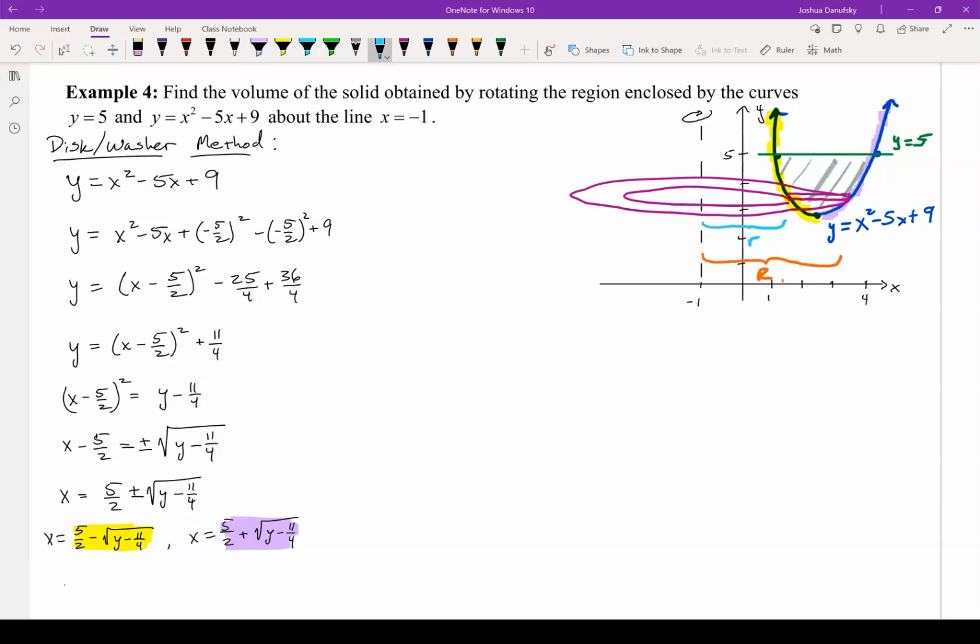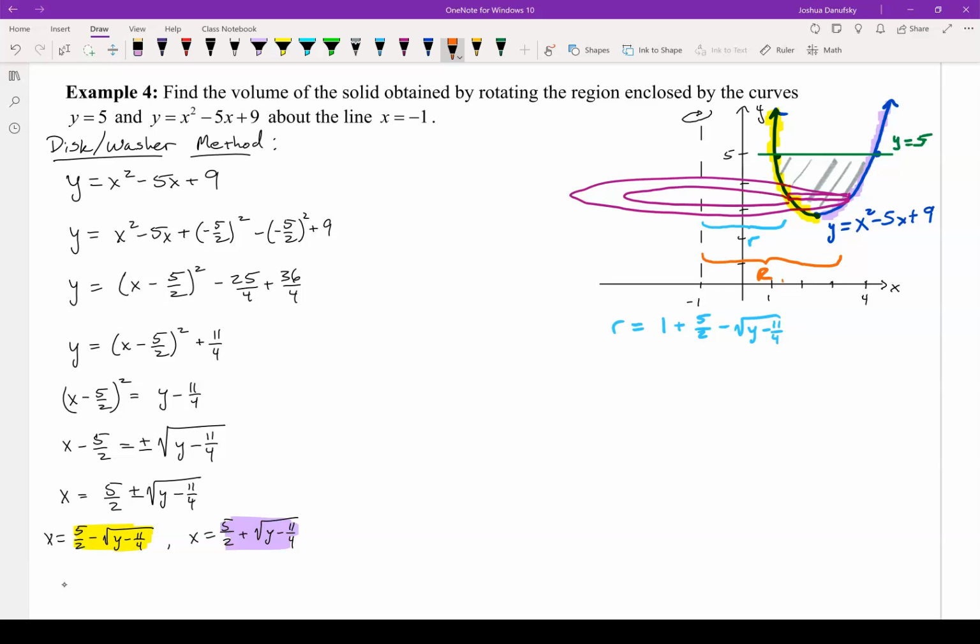So little r is going to be this distance 1 plus the distance to the yellow part of the parabola. So we're going to get 1 plus 5 over 2 minus the square root of y minus 11 over 4.